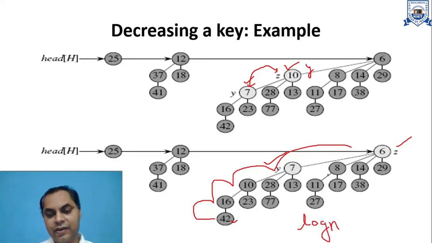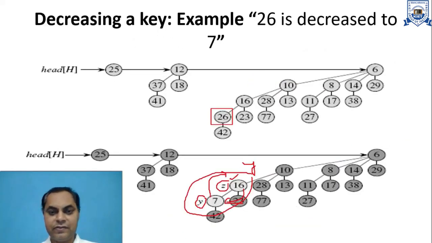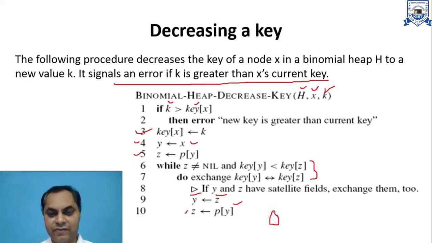Previously, as we said, for Bk the height is k, and the value of k is log n. So the time complexity of this operation is log n. Okay, so the time complexity of this decrease operation is log n.